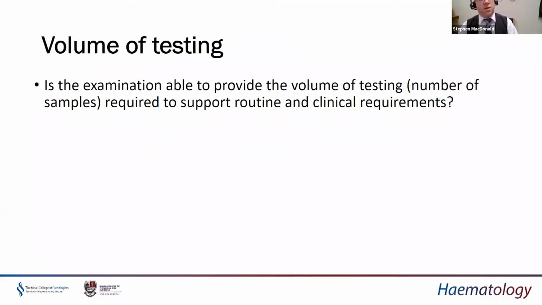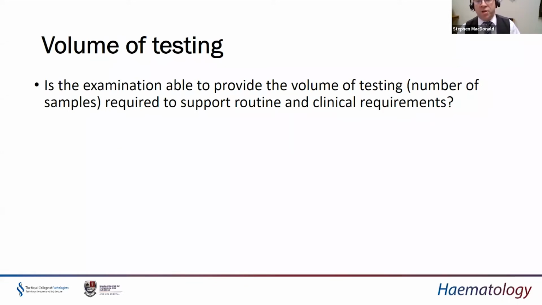And that's linked, like I alluded to a minute ago, to the volume of testing. For each test that we do, are we able to provide a sufficient volume of testing, be that a number of samples for an individual patient, or more commonly, a population of patients?